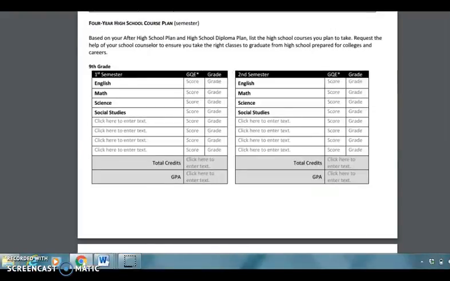Another helpful use for the course guide is to use it to complete the 4-year high school plan. Students have a copy of this distributed to them. This is an electronic version of the document. 4-year plans are filled out by putting all the different core requirements as well as elective options students plan to take throughout high school.